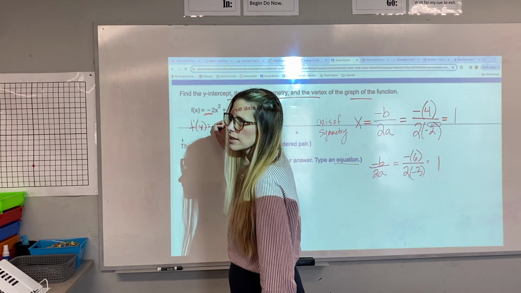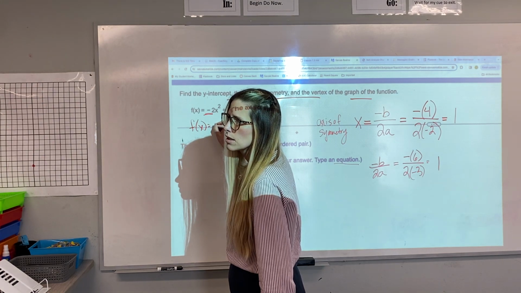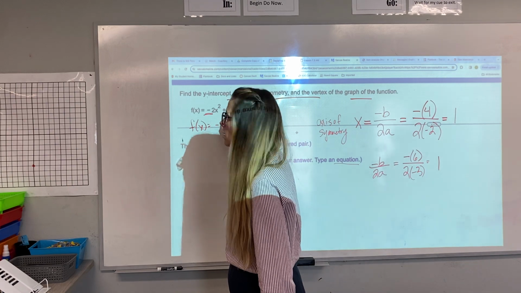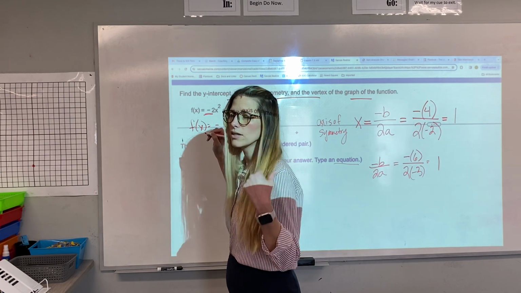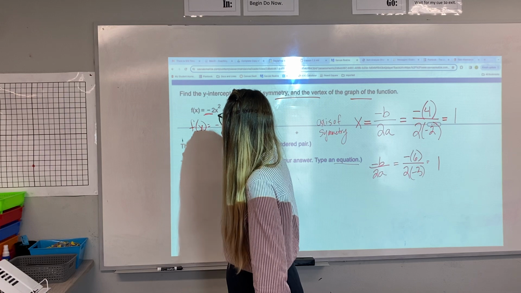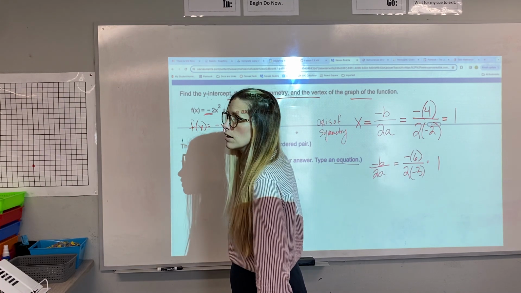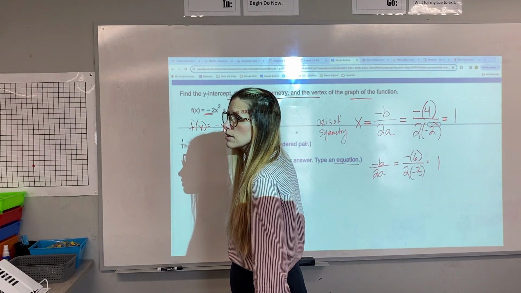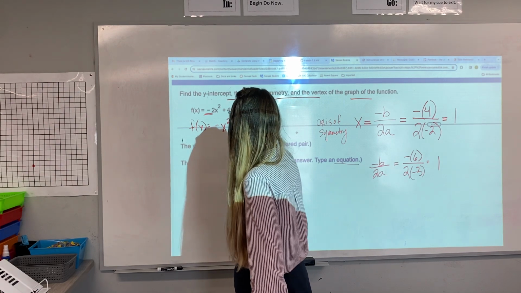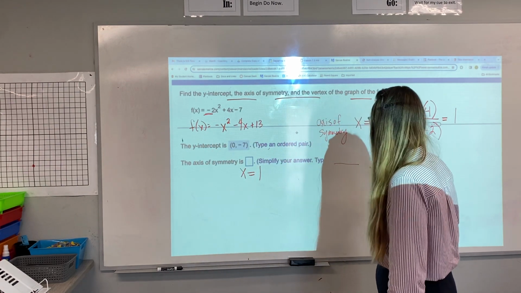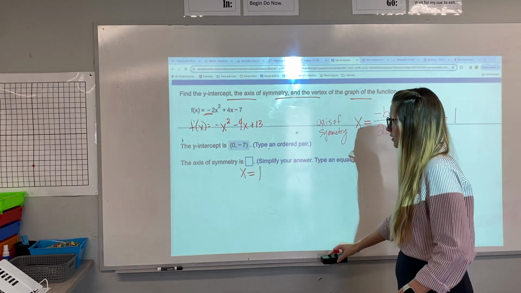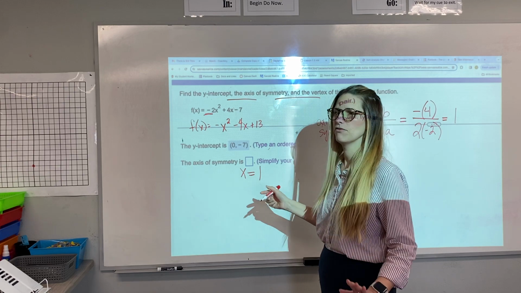That's f of x equals -x squared minus 4x plus 13. Okay, so yours is a little trickier because your a value is semi-invisible, right?